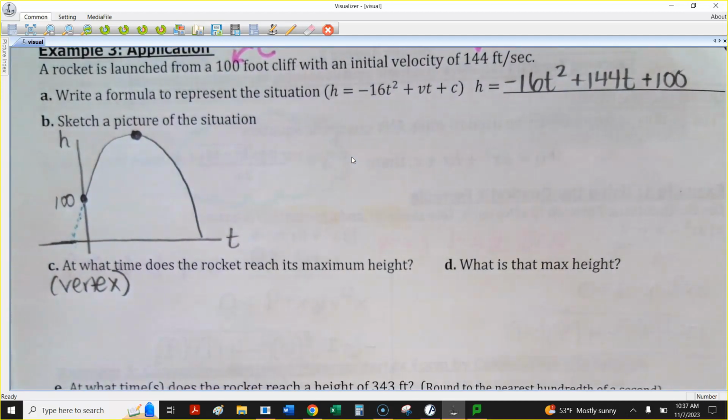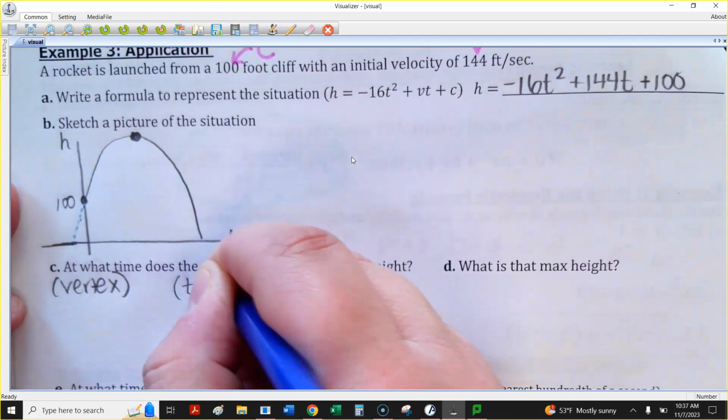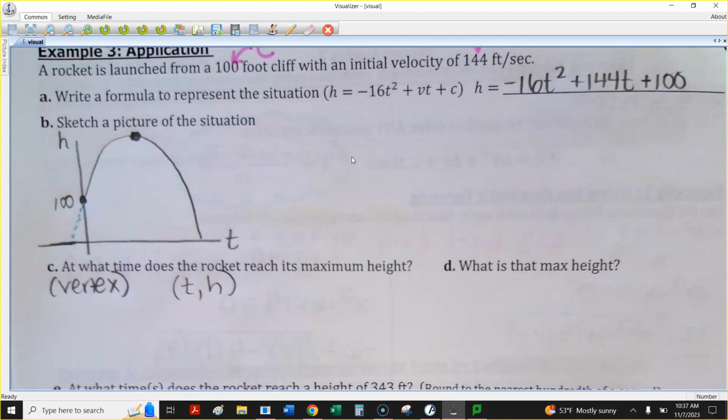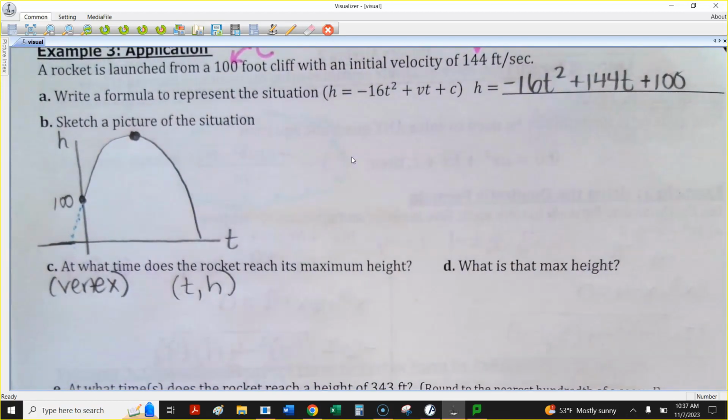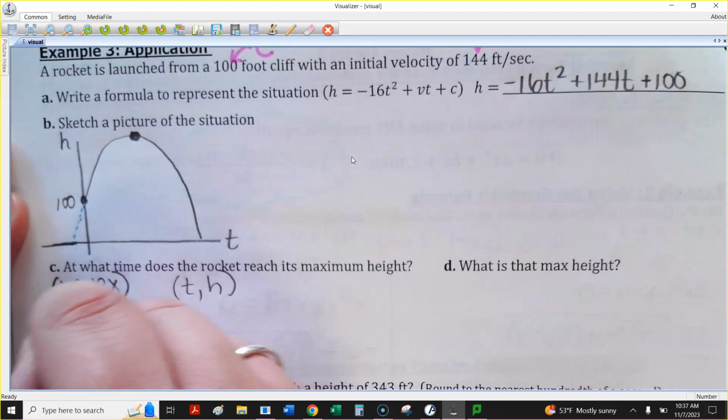Now, in terms of how this equation is laid out, we're used to seeing our x value as the time and our y value as the height. So does anybody remember the little tiny formula for finding the vertex if you've got a quadratic in standard form? Perfect. Okay. This is just negative b over 2a.